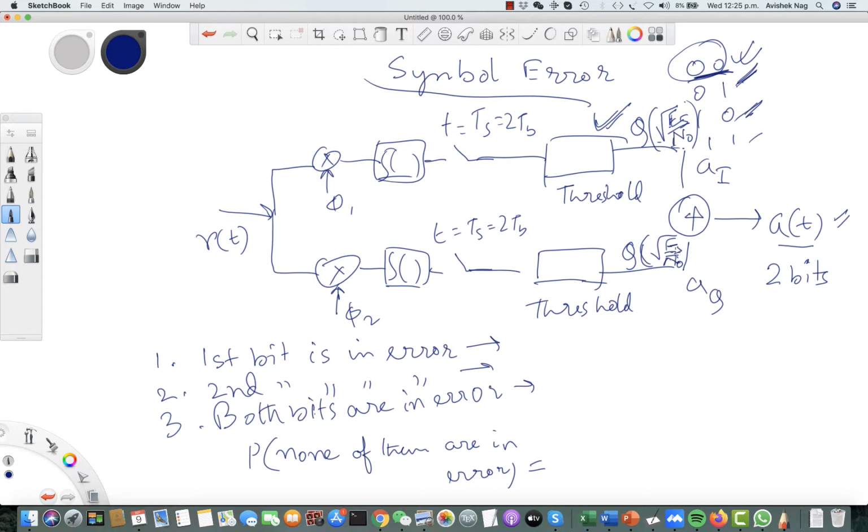So these are the individual BPSKs and they have this probability of errors. So probability that none of the bits in a symbol are in error is basically 1 minus this.